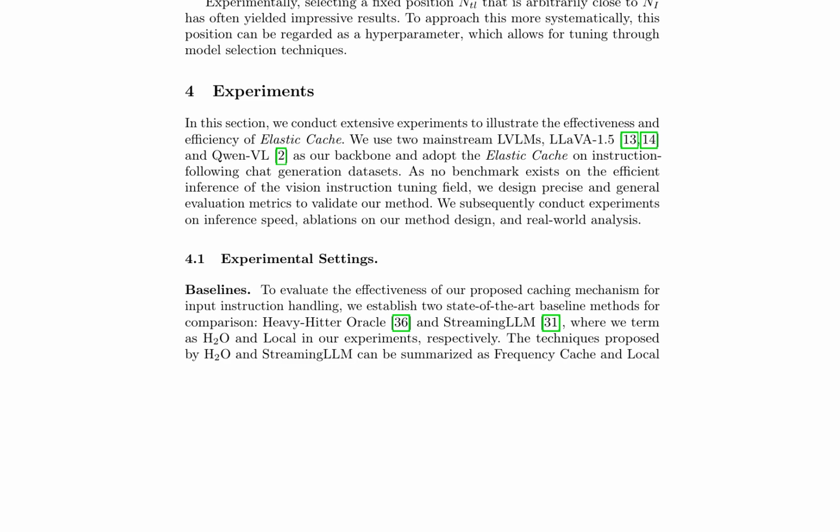The experimental results demonstrate the superiority of the elastic cache method, outperforming the H2O and local baselines in terms of response quality and generation speed. The proposed method's effectiveness is attributed to its ability to adapt to changing input patterns, ensuring that the cache remains relevant and up-to-date. The elastic cache method has significant implications for the development of large language models, enabling more efficient and effective caching strategies that prioritize relevant information.